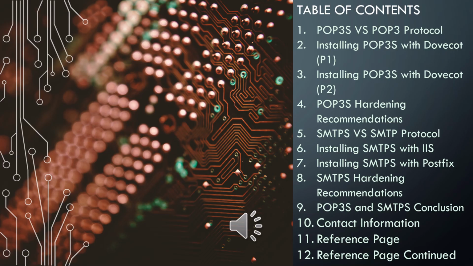Finally, we'll conclude with a summary of how these protocols secure email communication, and I'll show you my contact information along with a reference page where I got all the information from.